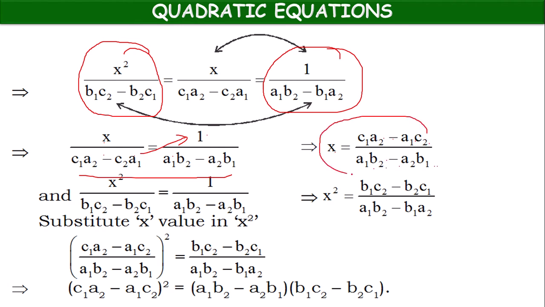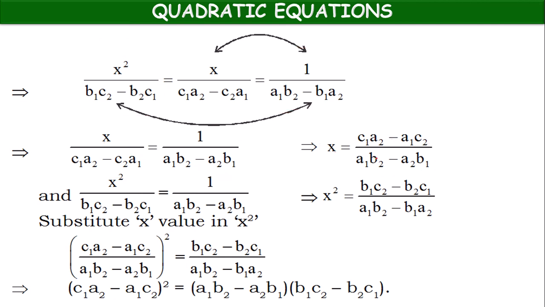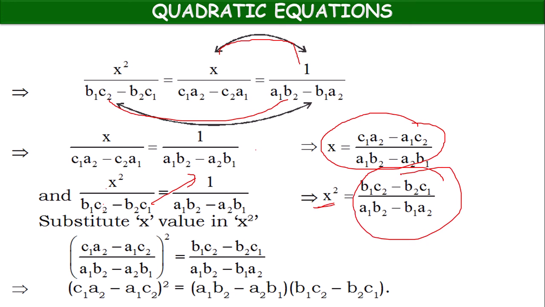This expression will come. Sorry children, this is when we compare the second and third. If we take first and third, this will go to the right side, and x² will become equal to this one. We will get this one.